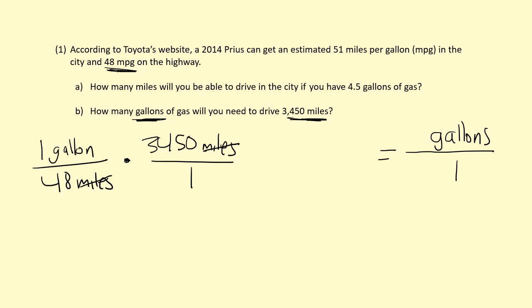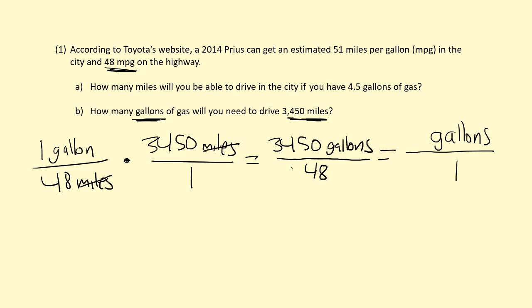So since those miles are canceled, I just multiply straight across, and I have 3,450 times 1 gallon. So that is 3,450 gallons over top of 48, because the miles canceled out. So all we're left with is the 48.